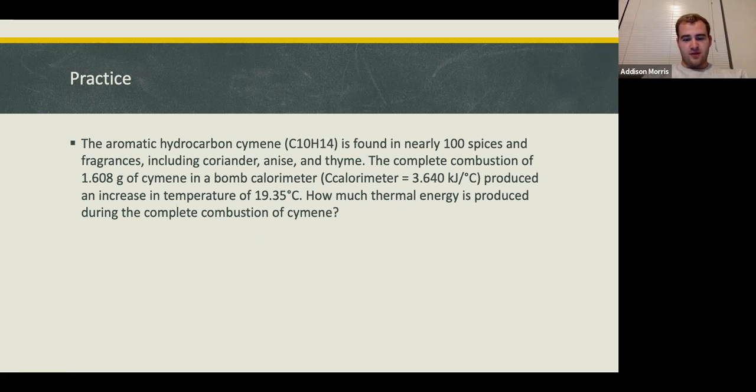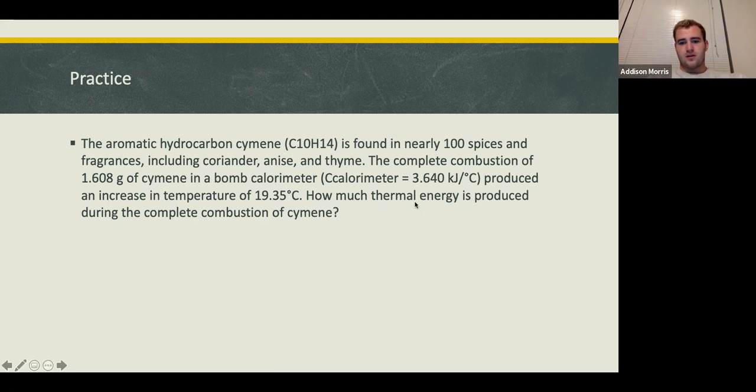This very fancy chemical, I'm not going to try to pronounce it, is found in nearly 100 spices and fragrances. So, cool, fun facts. I think the important thing here is the chemical formula of the substance. The complete combustion of 1.608 grams of the substance in a bomb calorimeter, so the one that's enclosed.